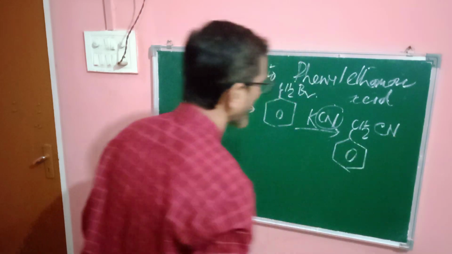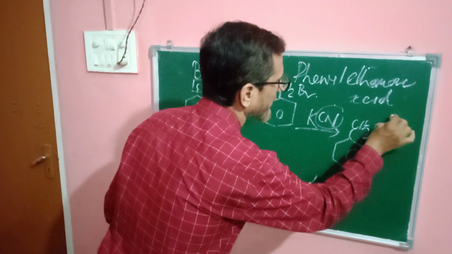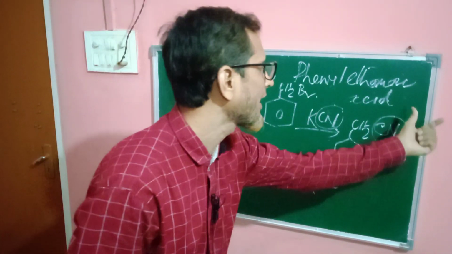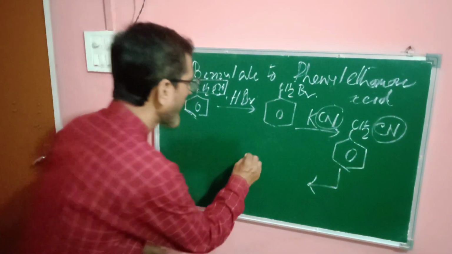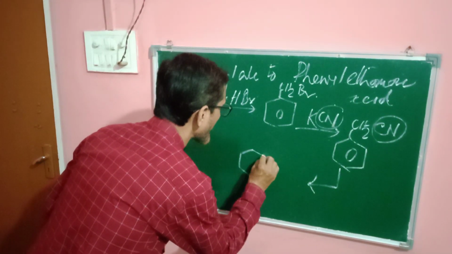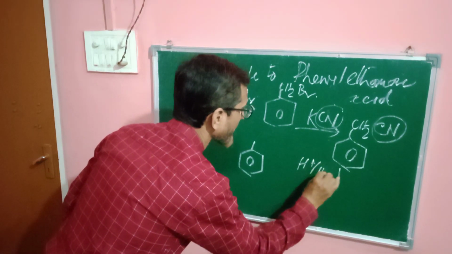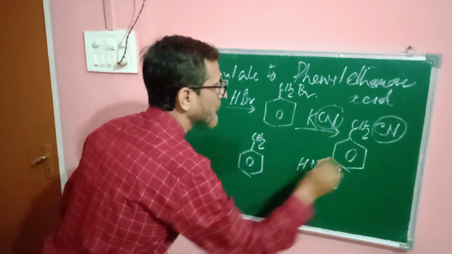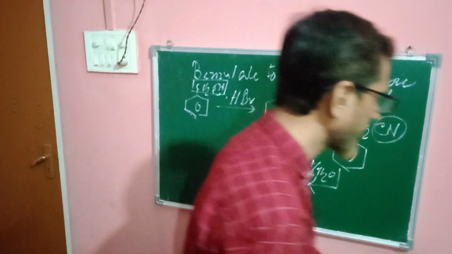So now you already know that CN group on acid hydrolysis becomes COOH. I had written earlier that CN on acid hydrolysis becomes COOH. Now this concept will come in. On acid hydrolysis, CH2 remains CH2 and CN becomes COOH. This is the second conversion.